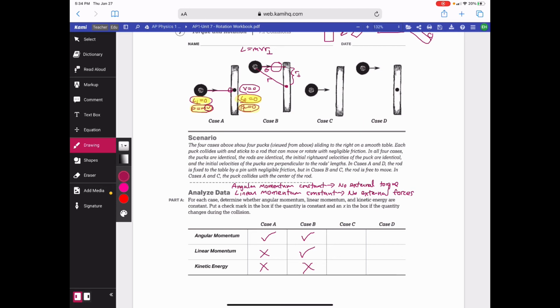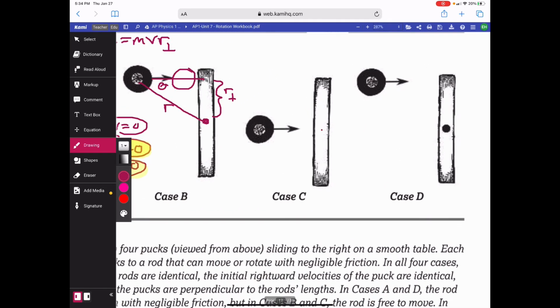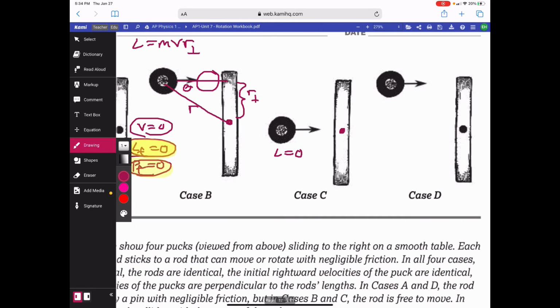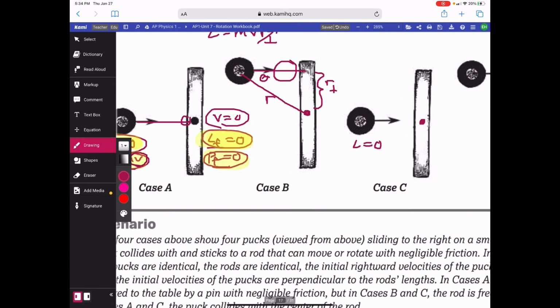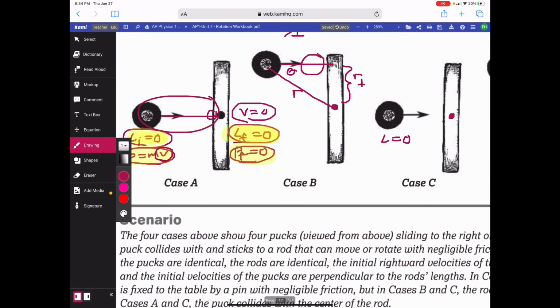Case C. Well, again, you're going right for that center of rotation right there. So beforehand, your angular momentum is equal to 0. Okay, and again, why? Because it's mvR perpendicular, and R perpendicular is equal to 0, just like here.